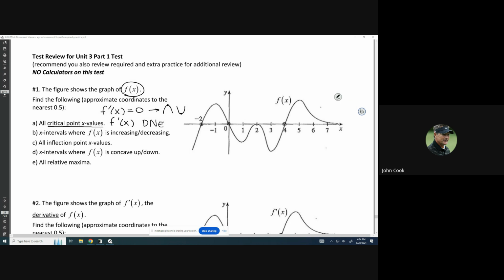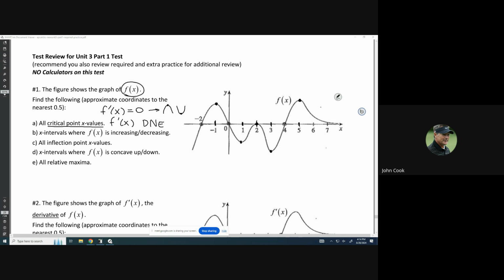To find those critical values where the derivative would be equal to 0, I just need to look for the top of the hill or the bottom of the hill of the graph. There's the bottom of the hill, the top of the hill, the bottom, the top. All those x values: one is right there at -1, another at 1, another at 2, another at 3, and another at 5.